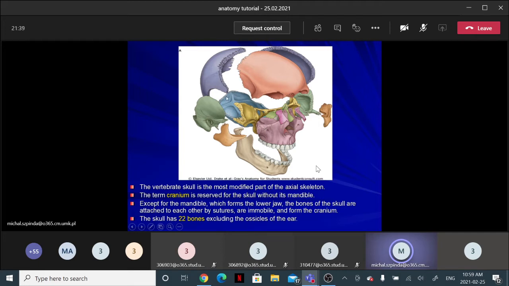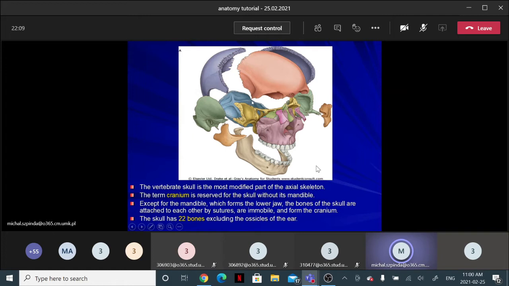And the internal cranial base includes the occipital bone, except for the superior part of the squama. The superior part of the occipital squama is involved in the roof.